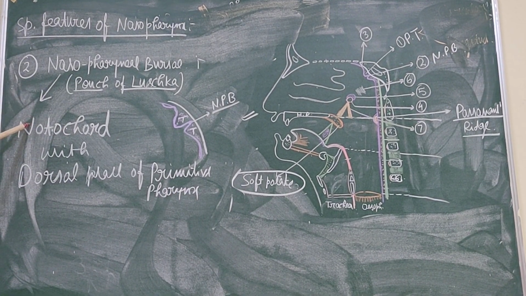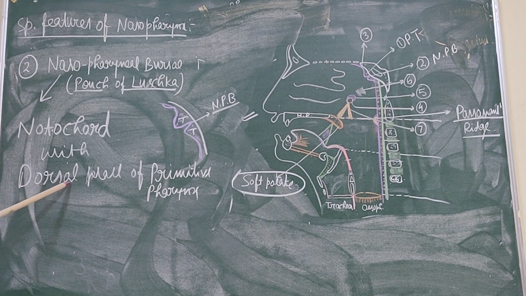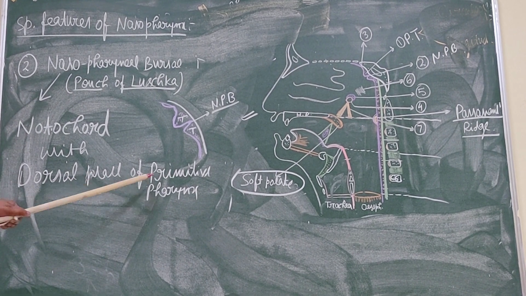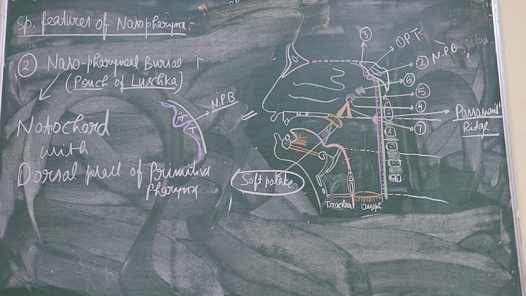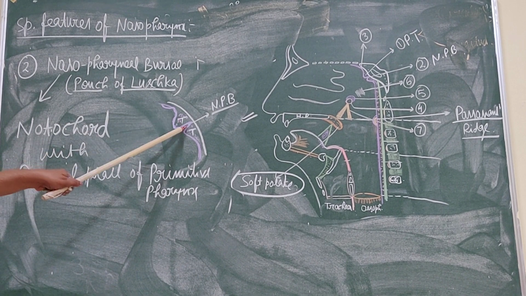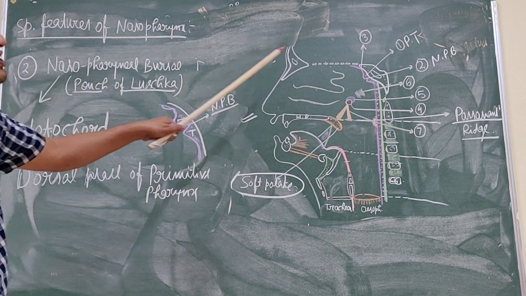The notochord fuses with the dorsal wall of the primitive pharynx, and this junction is represented as the nasopharyngeal bursa.